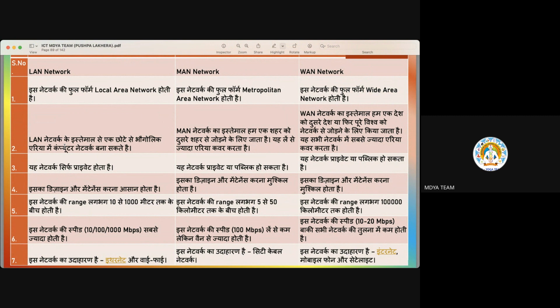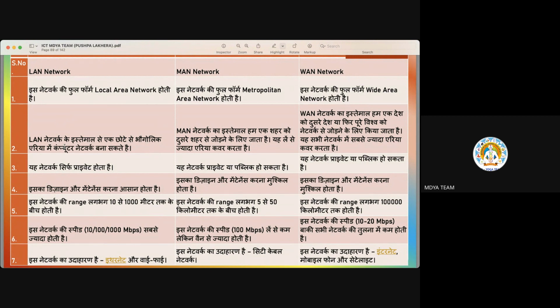And this LAN is a private network. And this MAN may be private, may be public. And WAN again may be public, may be private, depending upon the facility or the services a particular organization wants, or it may be open for the public.